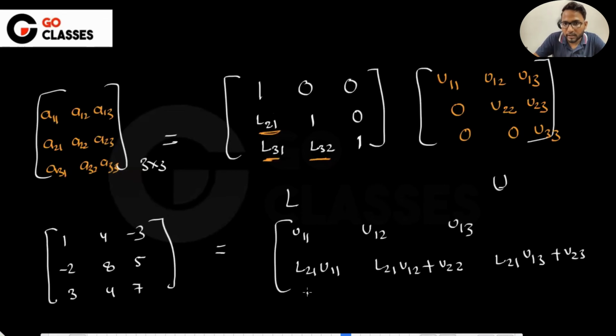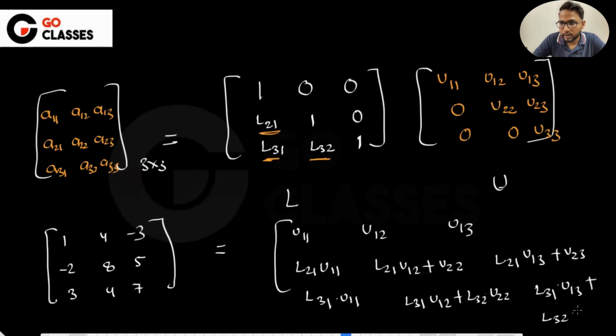Here, this is L31 into U11. This is L31 into U12 plus L32 into U22. And here you have the whole thing: L31 into U13 plus L32 into U23 plus U33.